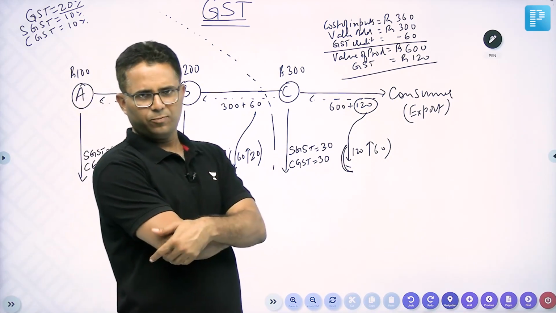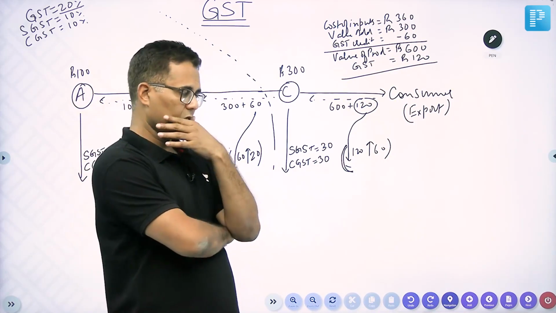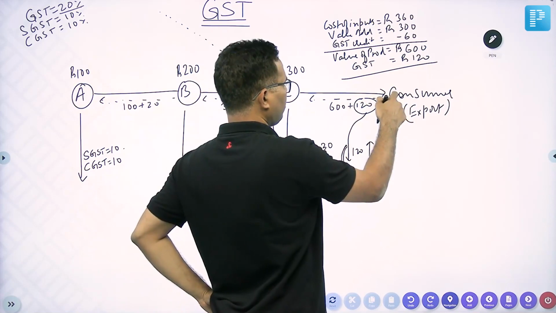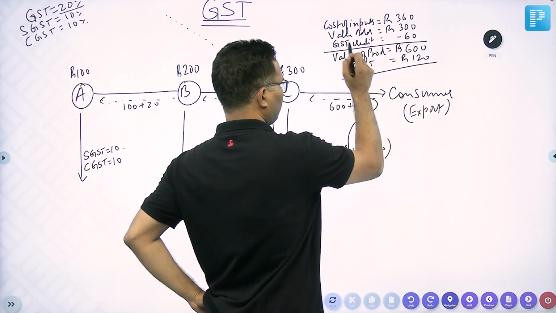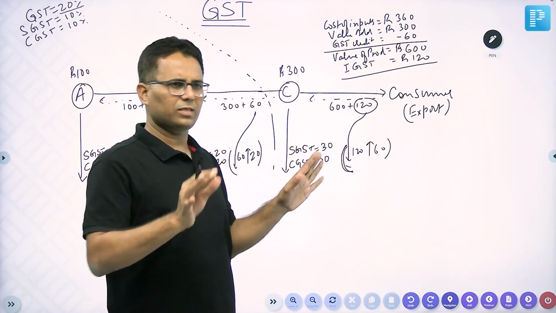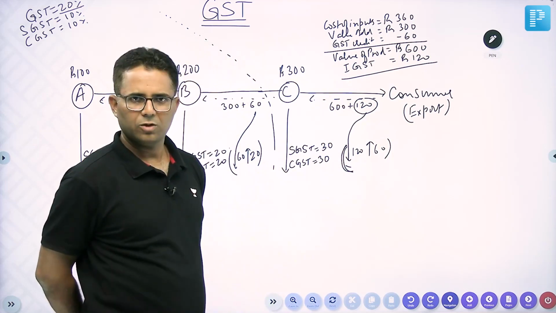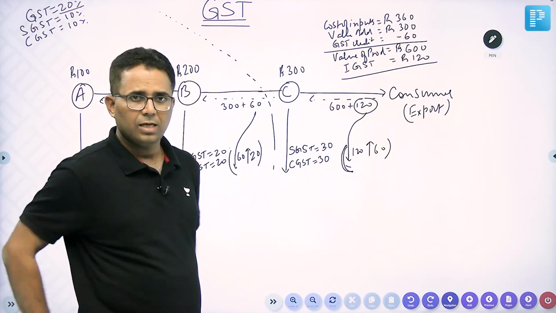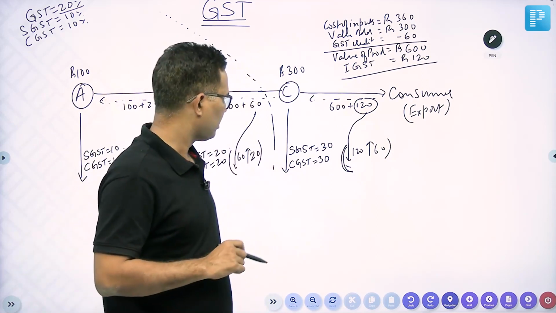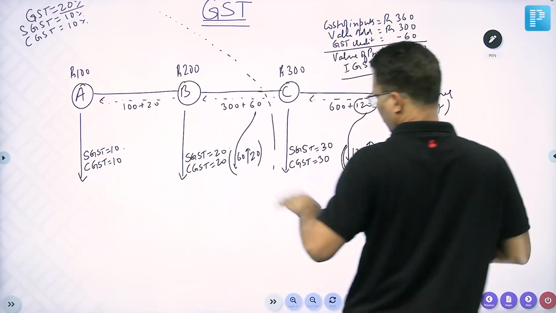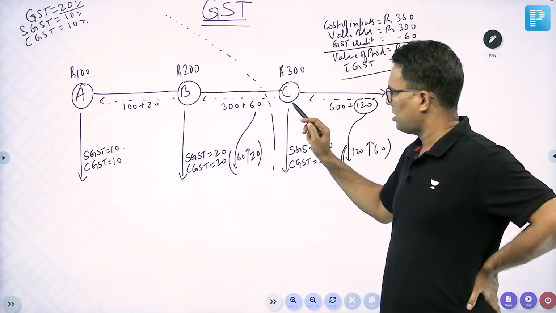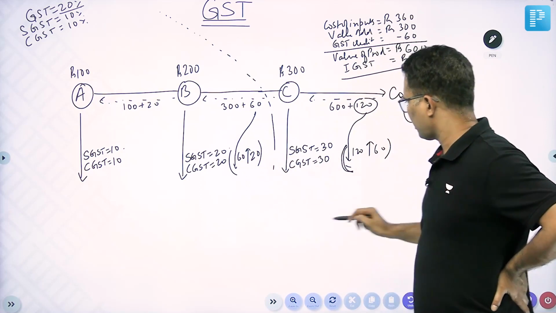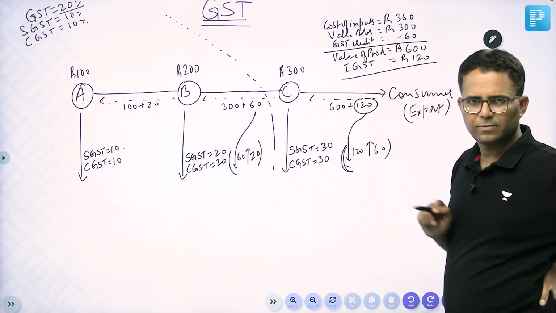But in case of export, when C is selling to a foreigner abroad, it will be called IGST. Everything on the ground remains the same, this will be called IGST. And the government has said, listen carefully, in this scenario, at every point, the government is giving back the credit of the previous taxes paid.